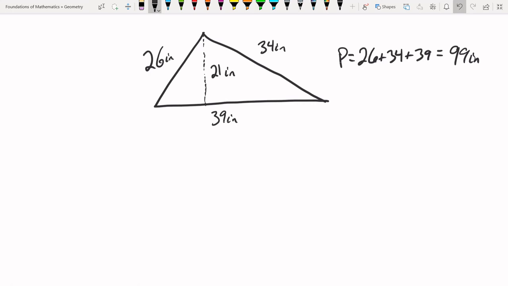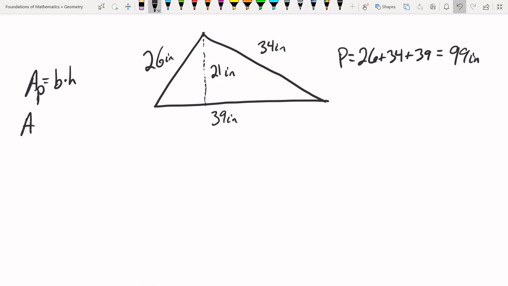The area of a triangle is 1/2 base times height. And the reason why it's that way is because two triangles will always make up some kind of parallelogram, or if they're right, it'll make a rectangle, sometimes a square, but a parallelogram in general. And a parallelogram's area is base times height.